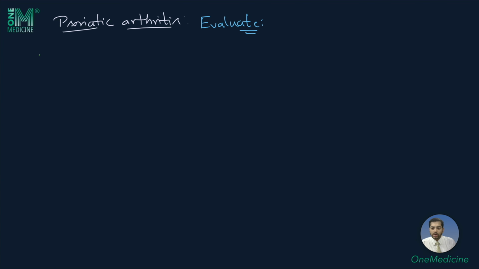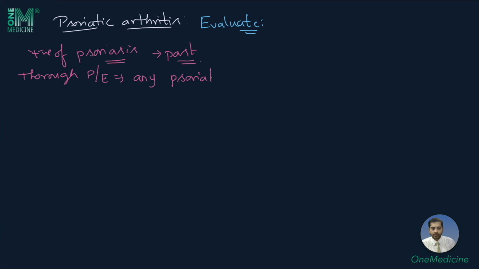One of the most important classical features of psoriatic arthritis is the presence of psoriasis, which becomes a very significant past history for the patient. Along with this, a thorough physical examination of the patient needs to be done to look for any psoriatic skin lesions which are probably missed or go unnoticed by the patient.